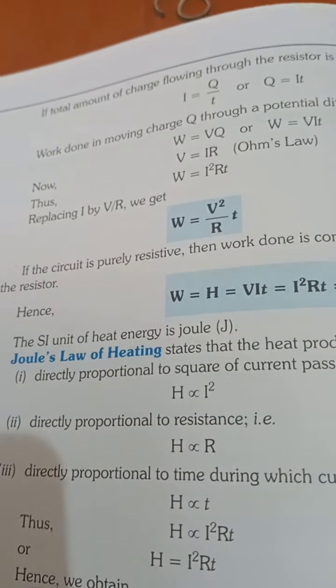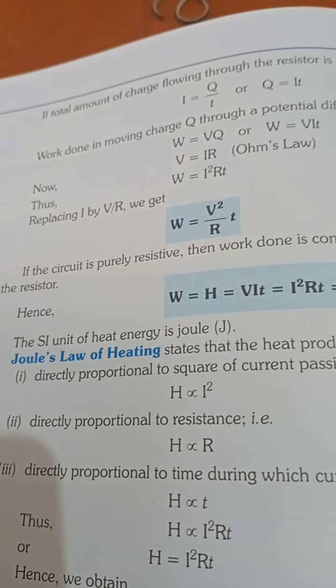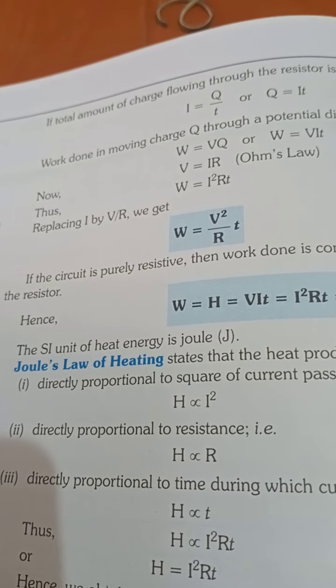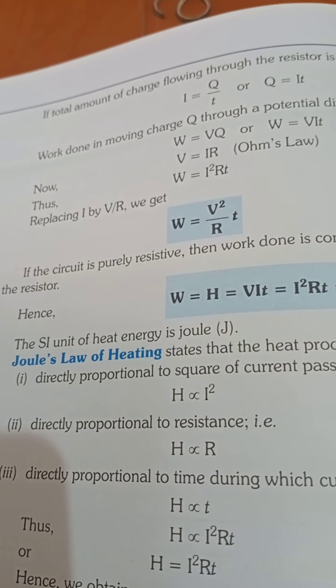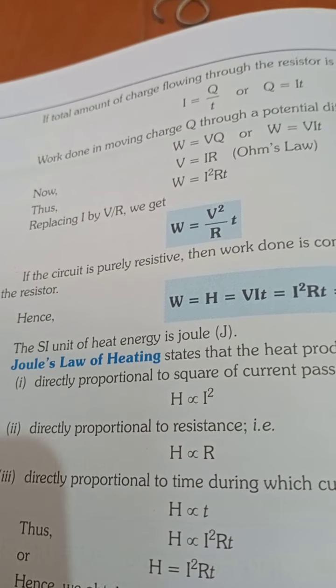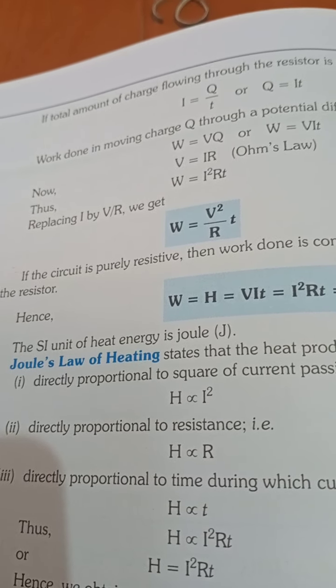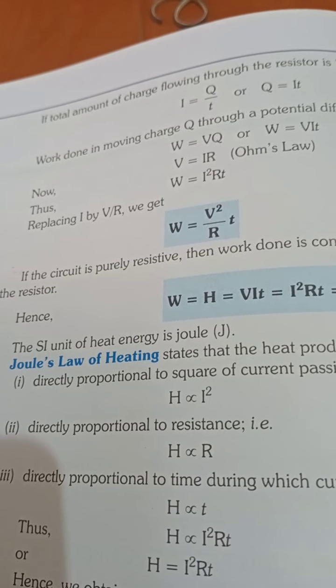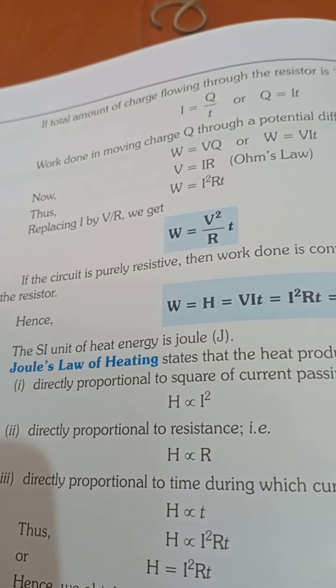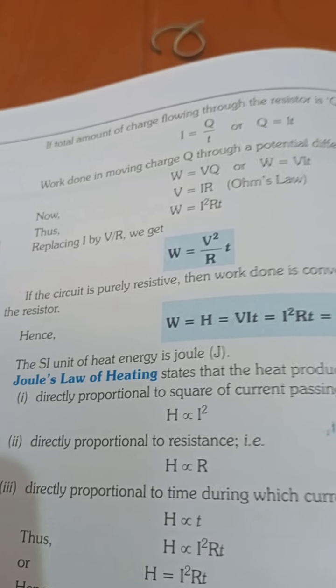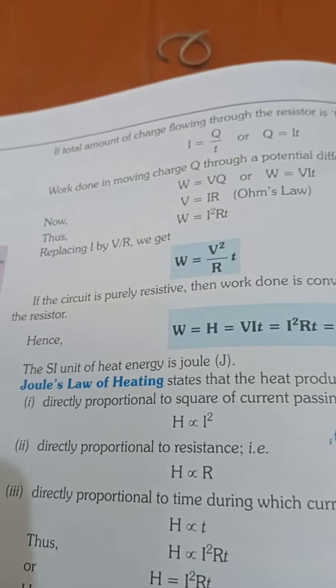Heat is directly proportional to time. So comparing these all, it is clear that H is proportional to I square Rt. H is equal to I square Rt, so H is equal to V square by R into t.